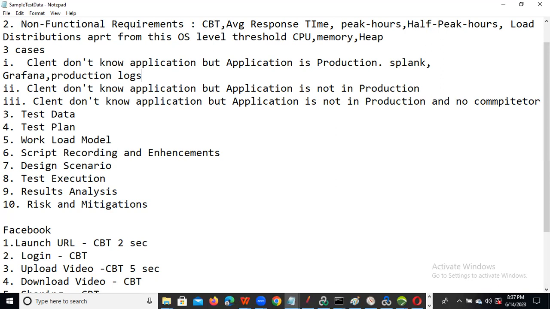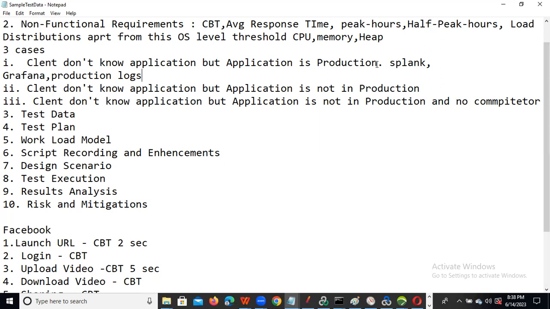Similarly, critical business transactions are decided in the same way. And after that, what are the peak hours? Suppose you observe in the last six months of logs that every day from 2 to 5, the load peaks, with the number of users accessing different transactions.